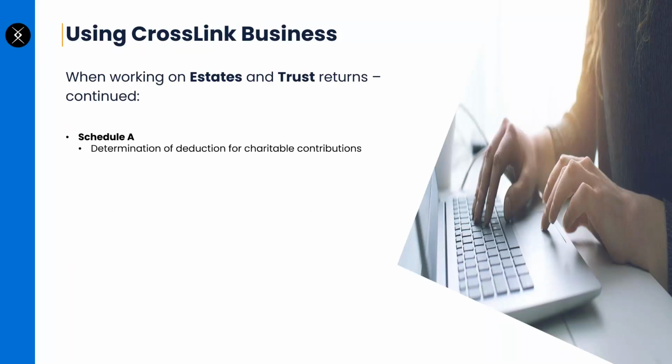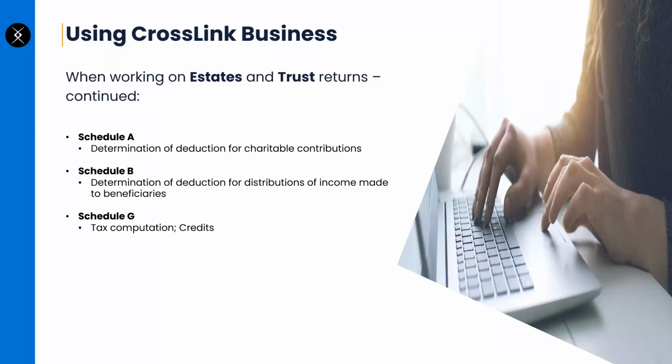And the common forms can be a Schedule A, determination of deduction for charitable contributions. The Schedule B, which is determination of deduction for distributions of income made to beneficiaries. And a Schedule G, tax computation, credits, and other, and of course, can have any additional forms.